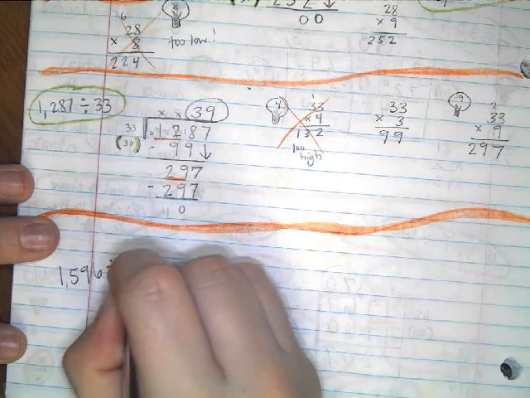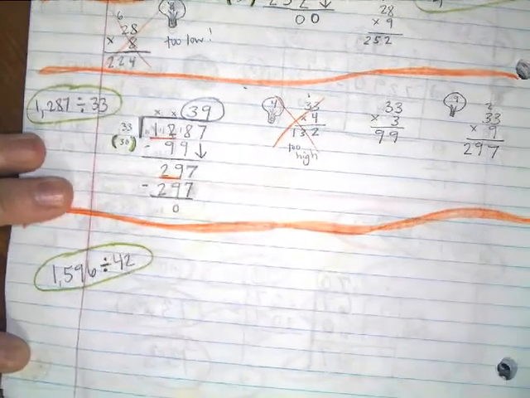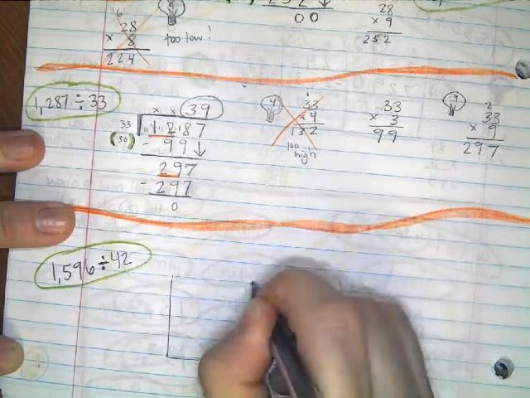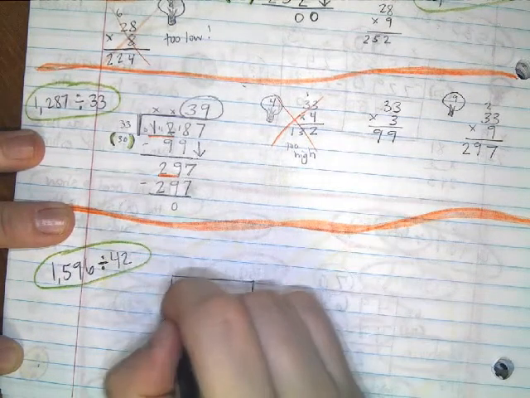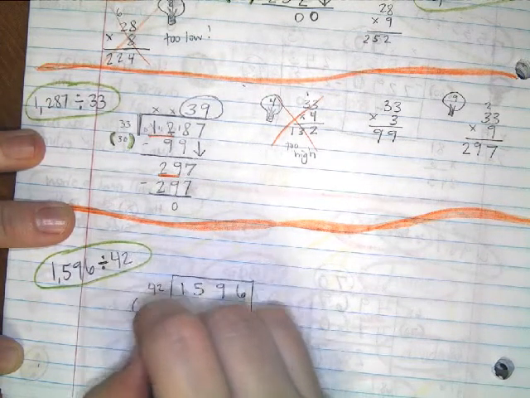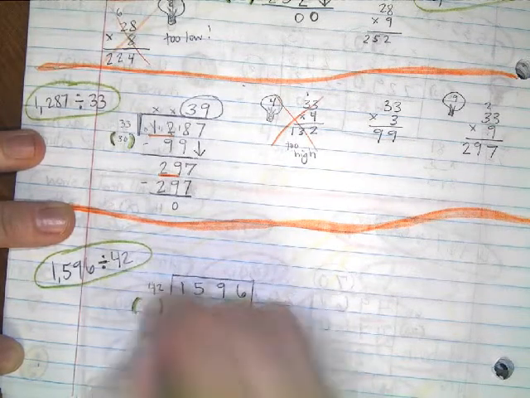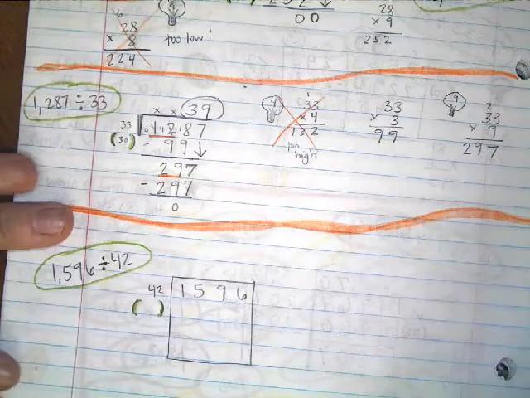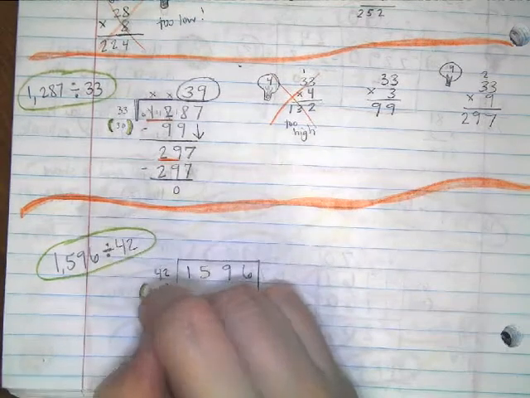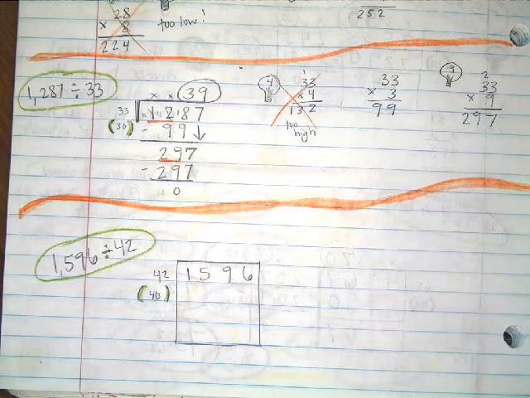So 1596 divided by 42. Set it up in place value boxes. Still use parentheses. What is 42 close to for a benchmark number?